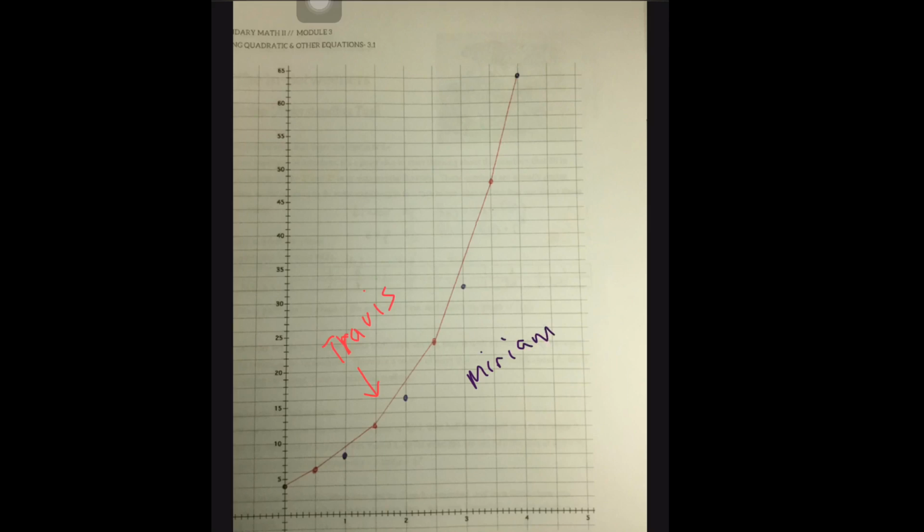And hers, if we plot the points that we had for number 5, we were at 1/2, 5.65, which was about right here. And at 3/2, we're at about 11.3, so that's about right here.